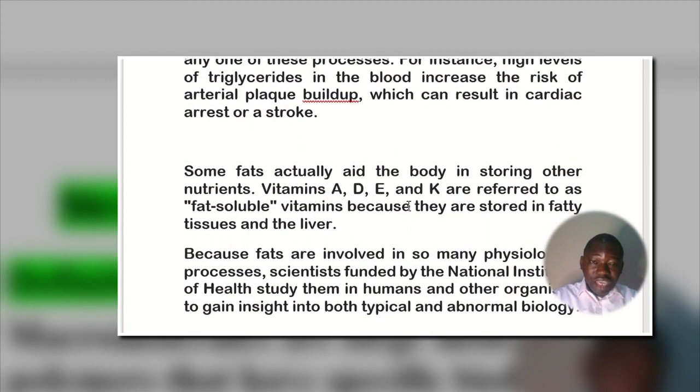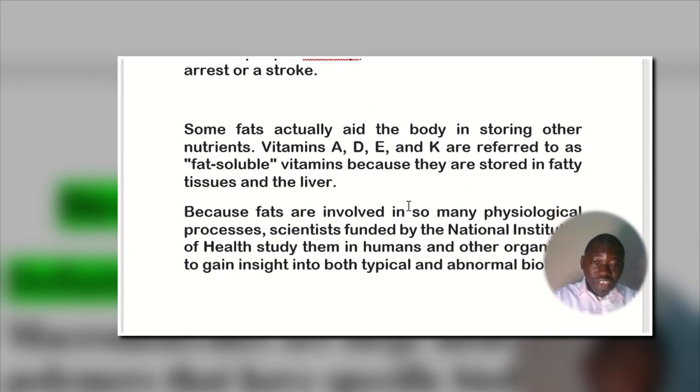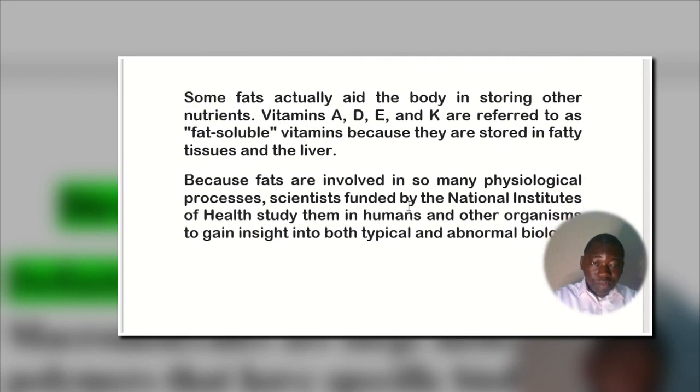Some fats actually aid the body in storing other nutrients. Vitamins A, D, E, and K are referred to as fat-soluble vitamins because they are stored in fatty tissues and the liver.